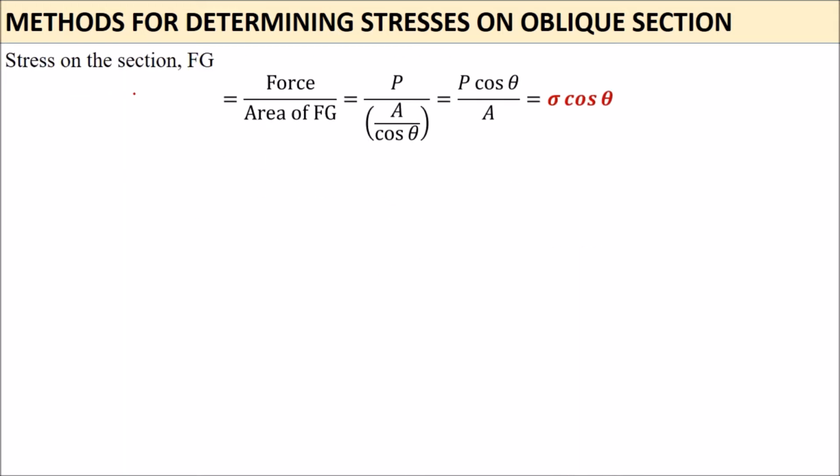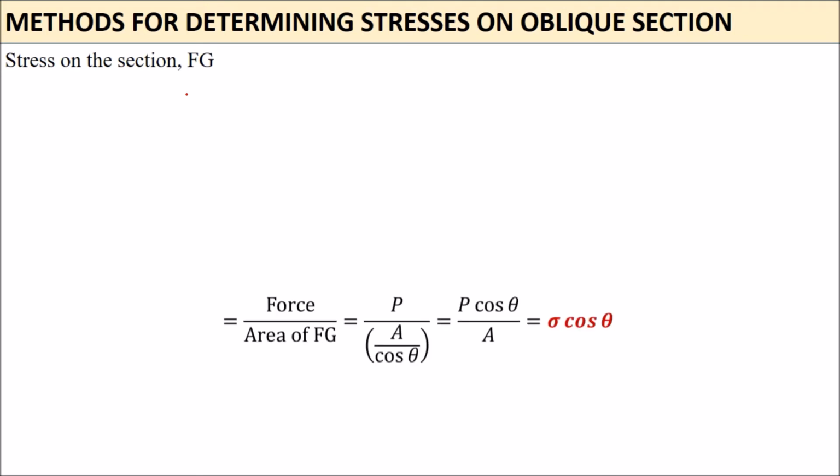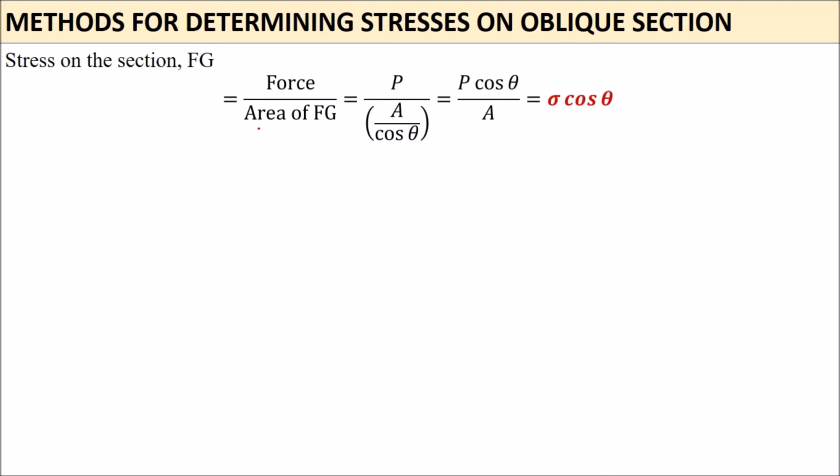Now we need to find the stress on section FG. How can we find it? Force divided by area of FG. The force is P, because the same force is acting throughout the body, but the area will be changed. Area of FG will be A by cos theta.